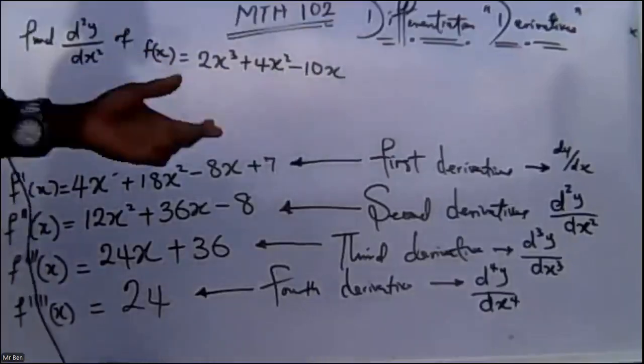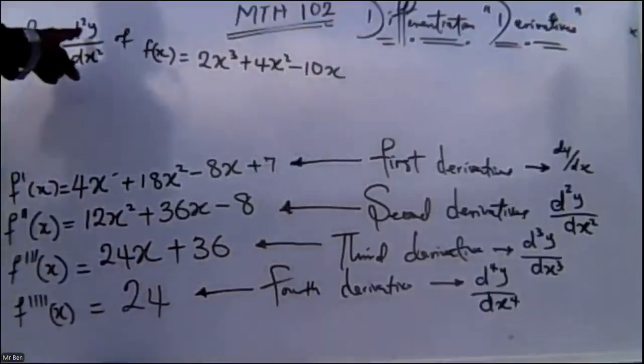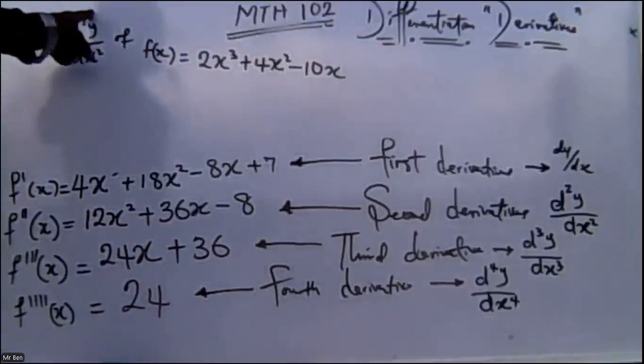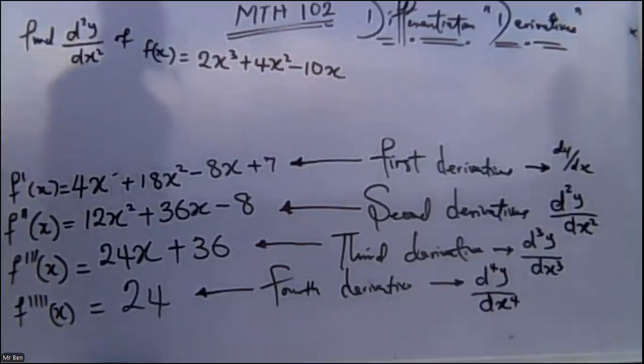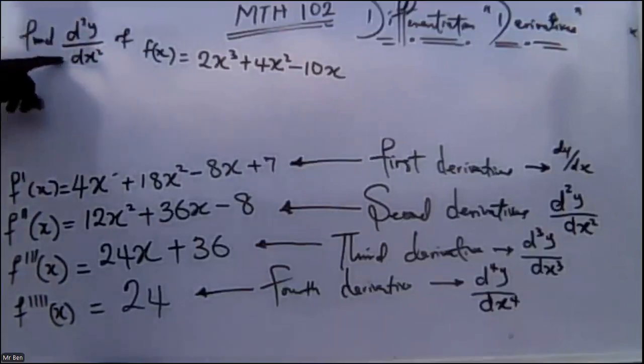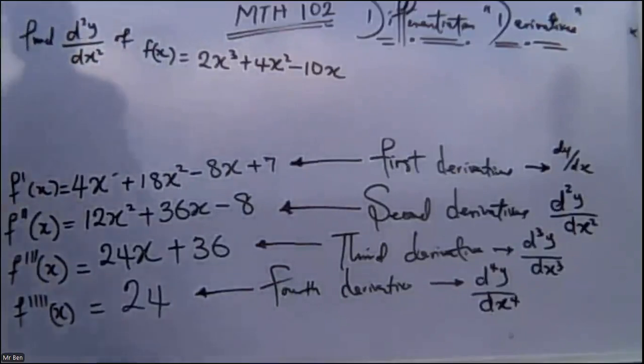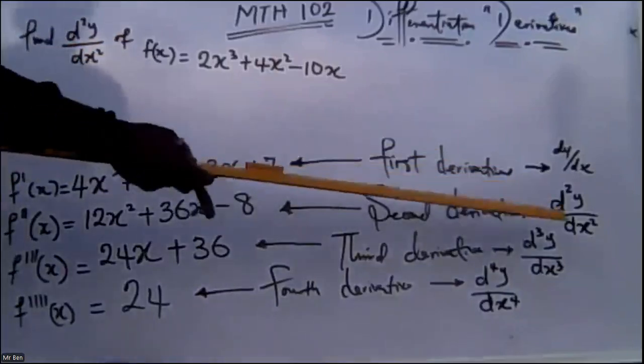This is the question now. So we have to find the second derivative, not the first derivative. Once you see something like d squared y over dx squared, you have to find the second derivative.